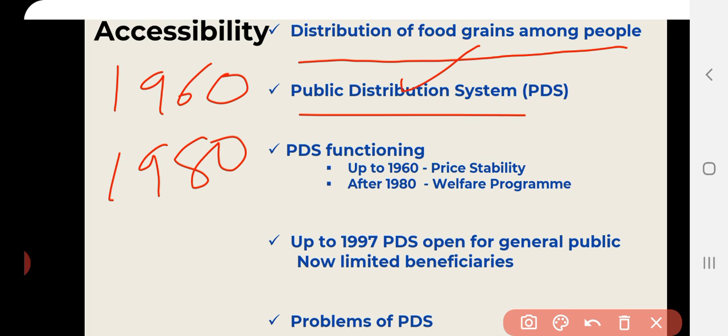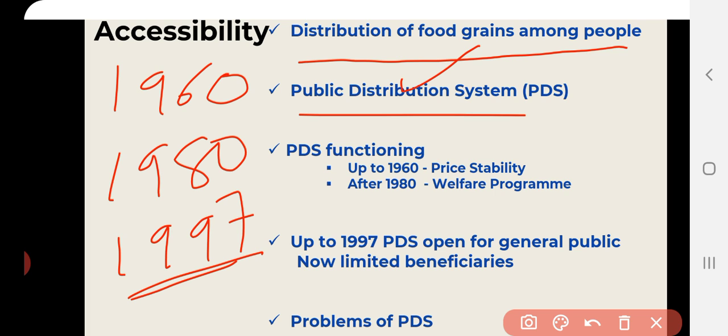But in the 1990s, particularly from 1997, up to 1997 this public distribution system was open. Government opened this system for all the people of the country. But from 1997, government restricted the beneficiaries of rationing shops.